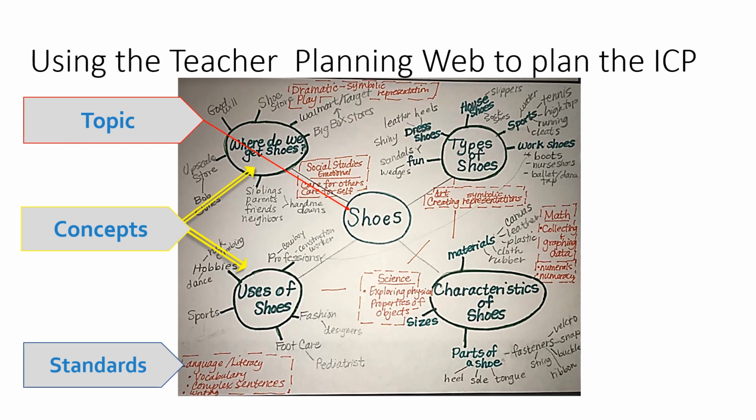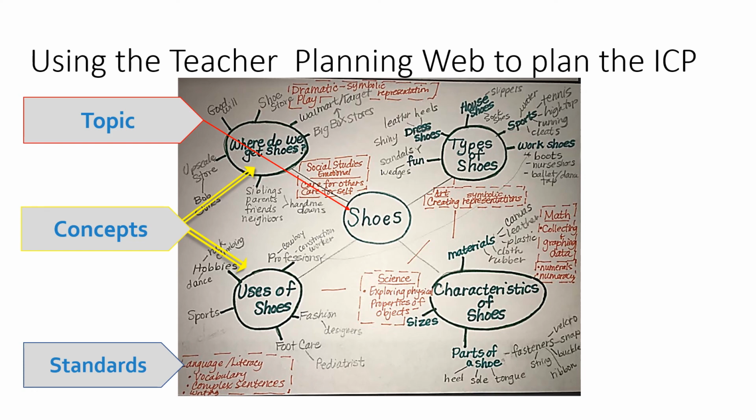So then from there, you would start to add in the different standards. So if we were thinking about the animals on the farm, we would obviously bring in science because we would be exploring the differences between living things and non-living things. We would be able to look at the characteristics of animals, right?